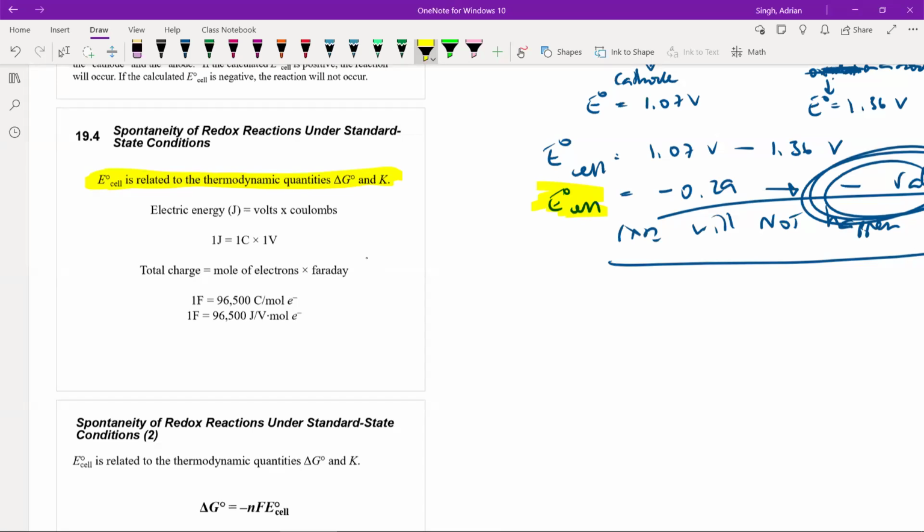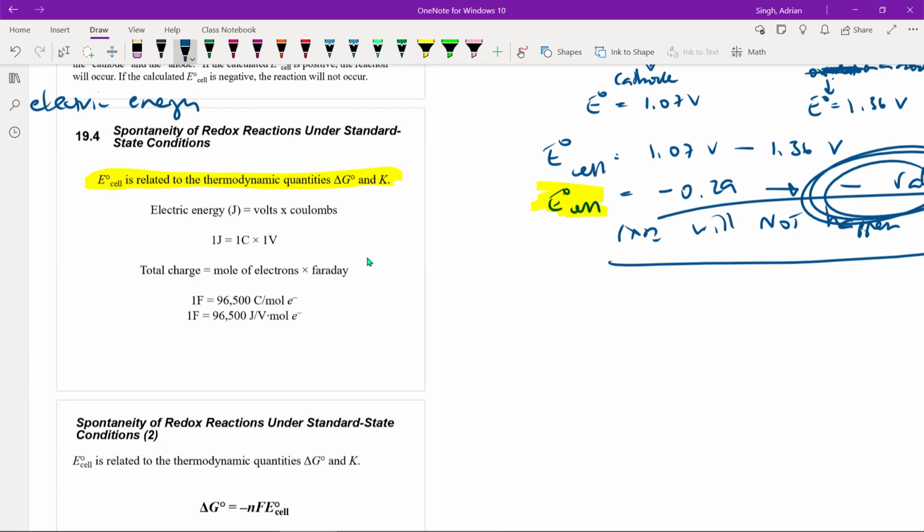So the first thing that we need to keep in mind here is that the electrical energy that's produced in a galvanic cell is the product of the cell potential and the total electric charge.